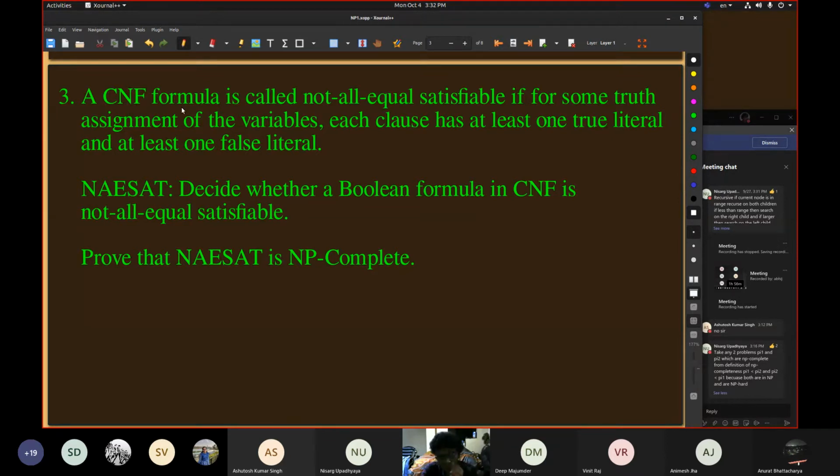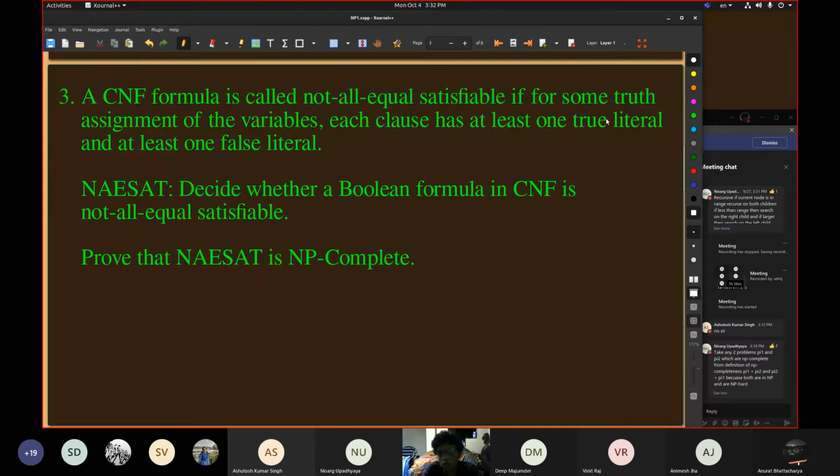Okay. It is called not all equal satisfiable if for some truth assignment of the variables, each clause has at least one true literal and at least one false literal. So this essentially implies that each clause is true because it is an OR of literals.